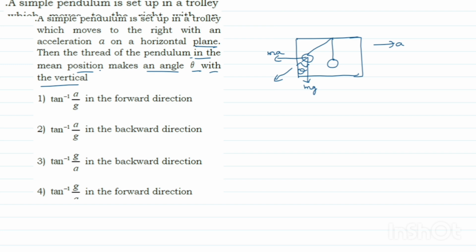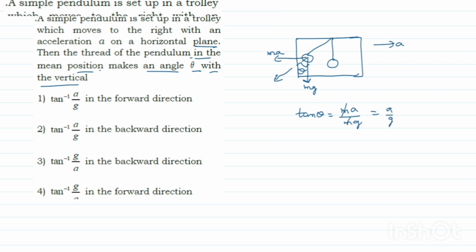So tan theta, which is nothing but the y component is ma by the x component, which is mg. So here the net force is going to be making an angle theta with the vertical. ma by mg is nothing but a by g.